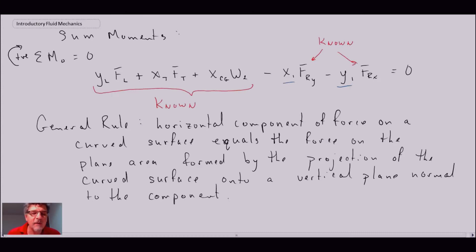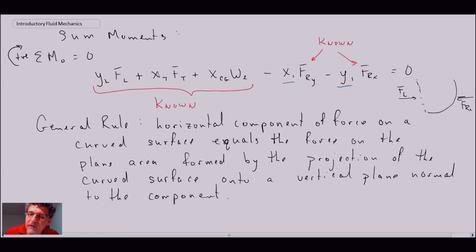Okay, so we have this as being a general rule. What is that saying? Well, if we look at our curved surface, recall we had this force here, but we also have a projection of that area on this surface here. And so that was the force in the x direction, Frx. And we also had a force this way, which was FL.